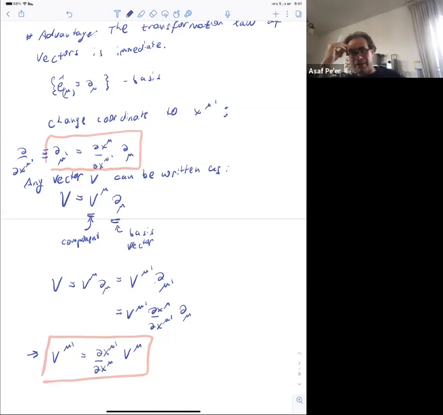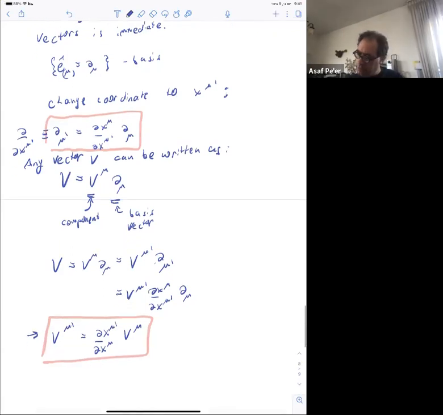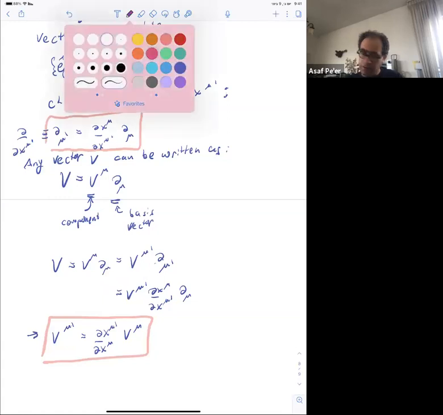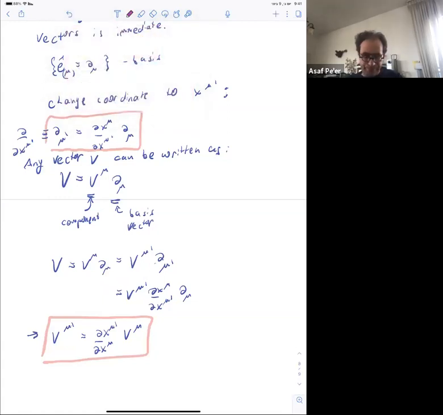Normally, we're not writing down the basis explicitly; we simply don't need it. So this is the transformation law of a contravariant vector.